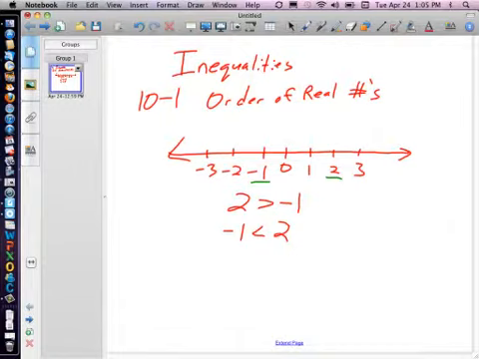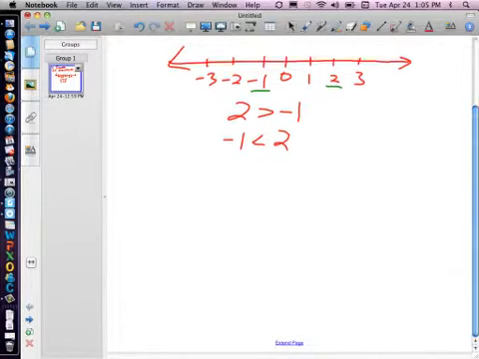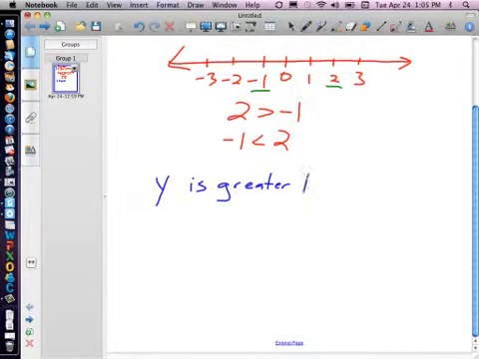Some things we're going to do in this section would be translating into symbols. So we'll get a sentence that looks like: y is greater than or equal to any number.